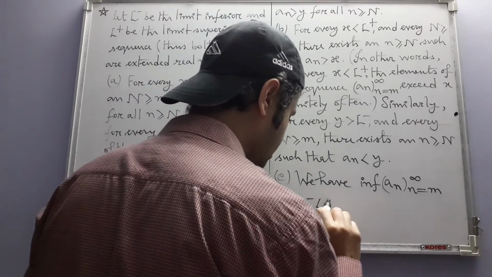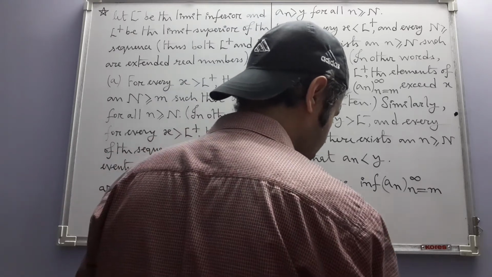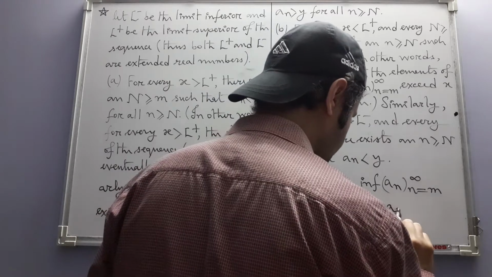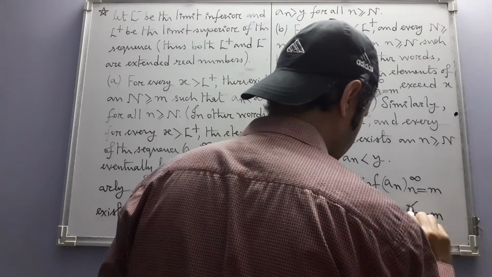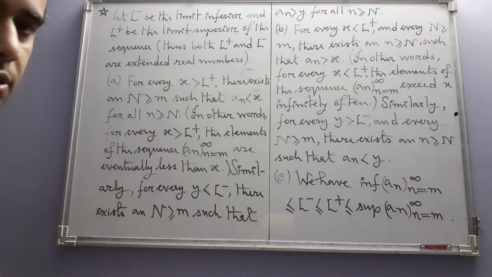The limit inferior is less than or equal to the limit superior, which in turn is less than or equal to the supremum of the entire sequence. These inequalities are always true.